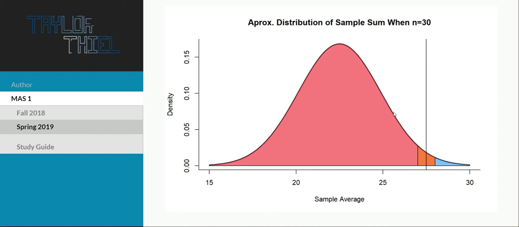Second, continuity correction. So this is recognizing, first off, that in a sample size of 30, where each sample can either be a 1 or a 0, we only can see whole numbers. So we might get 30 ones, we might get 29, 28, 27, 26, and so on.